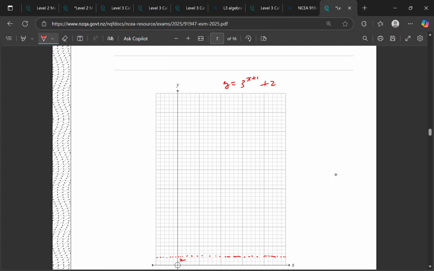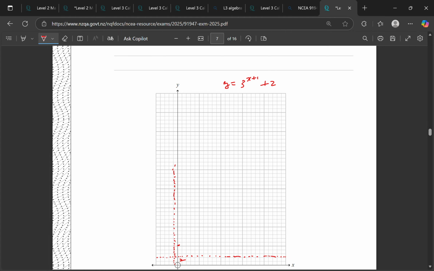Okay, and because this is 3 to the power of x plus 1, I could tell when x is negative 1, the y value is 1. Okay, so I would draw a dotted line, and then I draw. Oh, by the way, when x is 0, what do you get? When x is 0, 3 plus 2, which is 5.